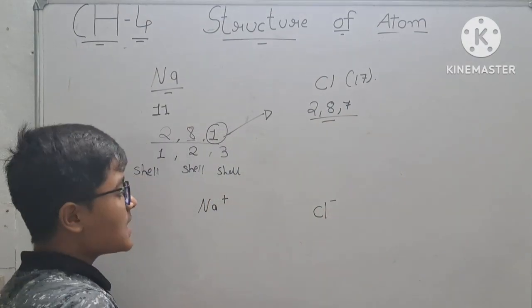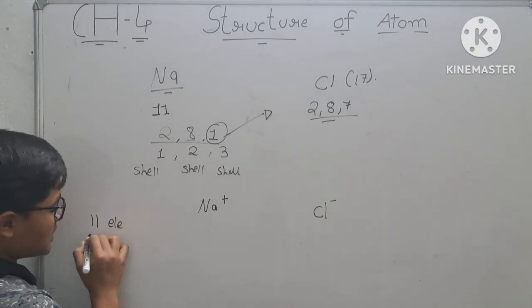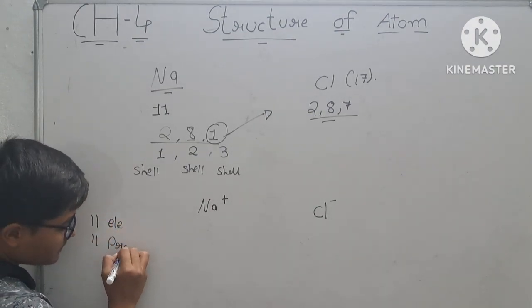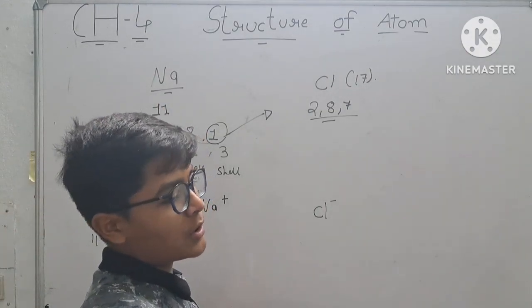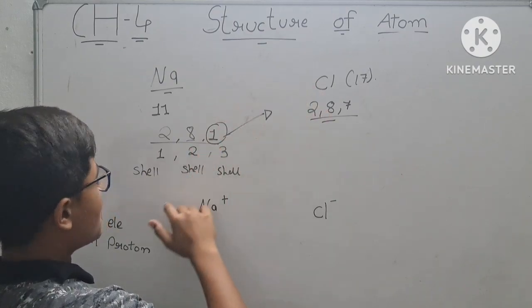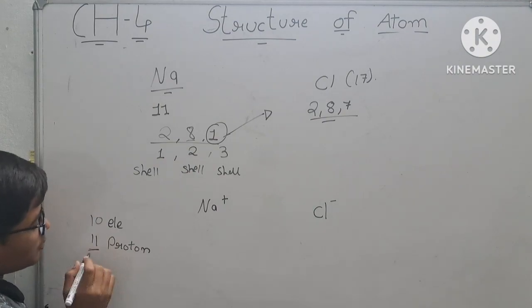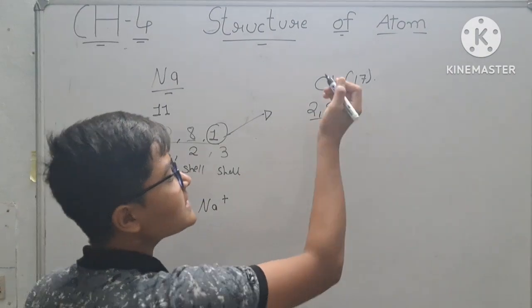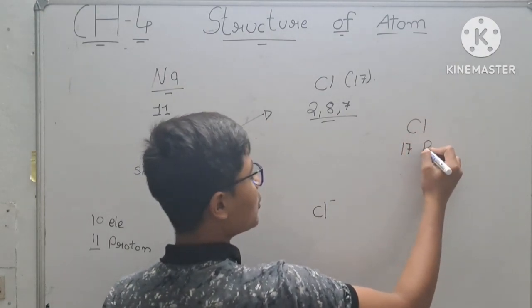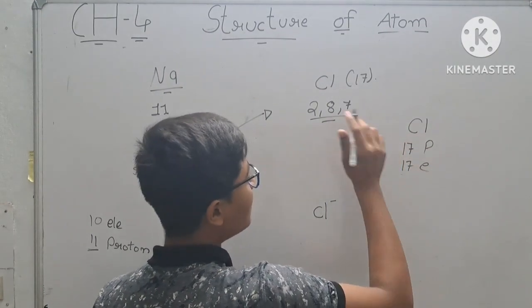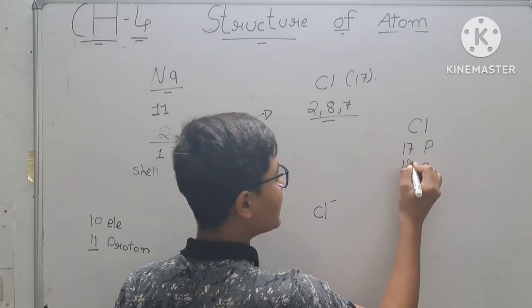Why does Na become plus? Because we know that if there are 11 electrons, there will be 11 protons. Now sodium is not sharing protons, it is only sharing electrons. So the electrons become 10, the number of protons is more, so it will become plus. As well, chlorine has 17 protons and 17 electrons, but after getting one electron from sodium, it will become 18.